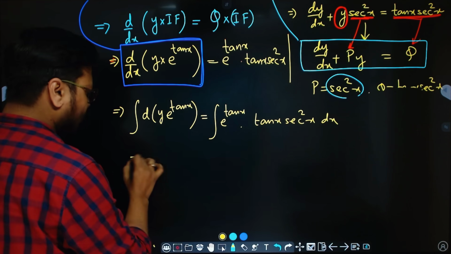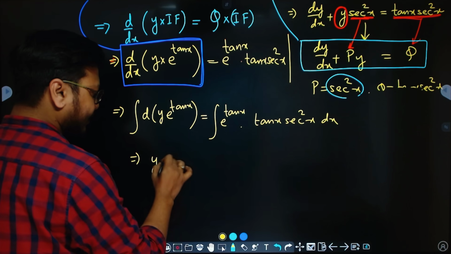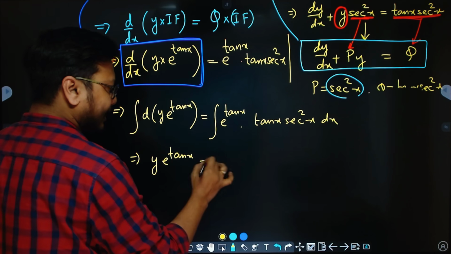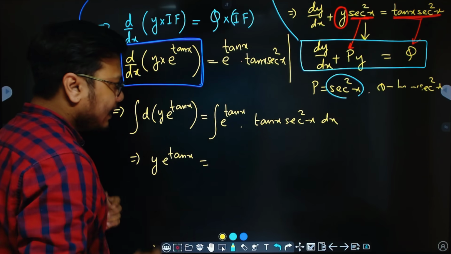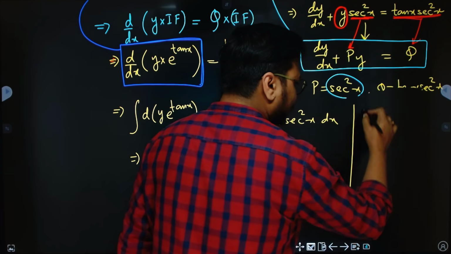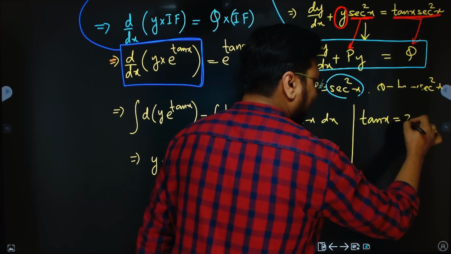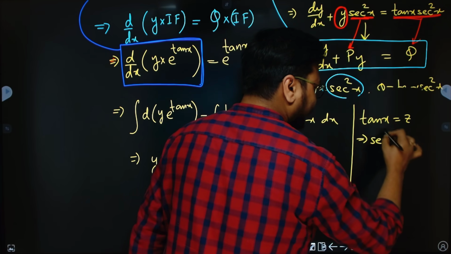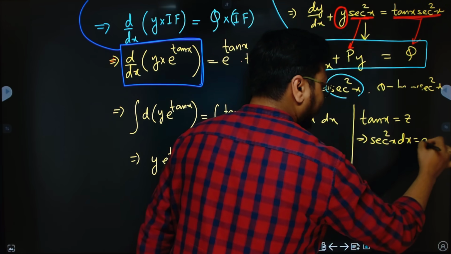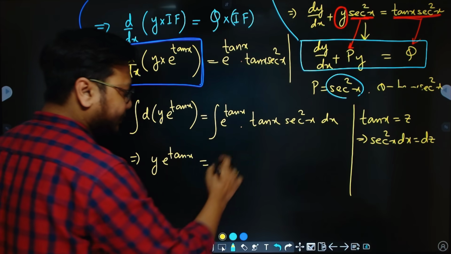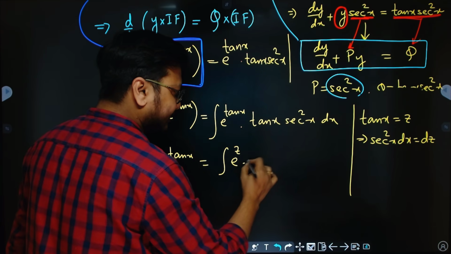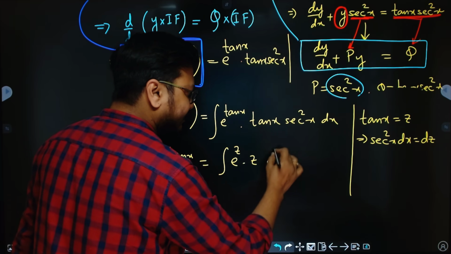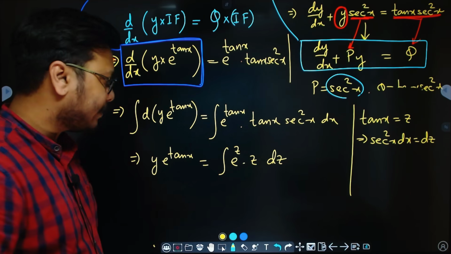So this side would only be remaining as y e to the power tan x. On the right side we can do some substitution. Let's substitute tan x as z, so that means sec square x dx would be dz. So if I make the substitution, I will have e to the power z, tan x is z and sec square x dx is dz.